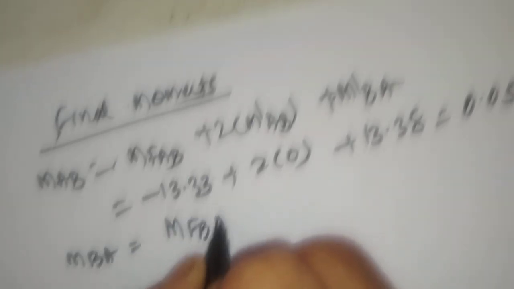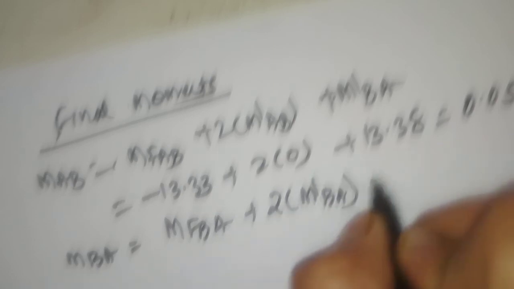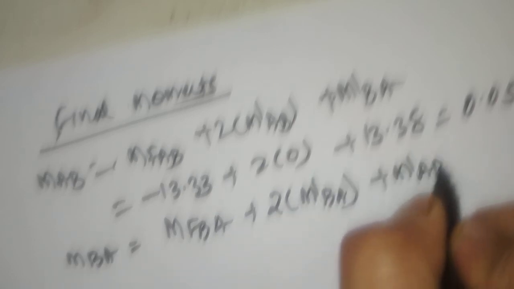Next is MBA. MBA value will be MFBA plus 2 times M dash BA plus M dash AB. So MFBA value is 26.67 plus M dash BA value 13.38 plus 13.38. M dash AB value is 0 because it doesn't have any cycles here.